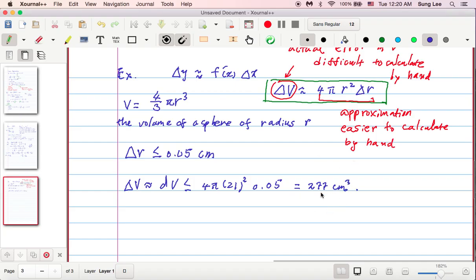So that's the maximum possible error in the measurement of the volume. Not the measurement, but the maximum error that can be computed is approximately 277 cubic centimeters. So that's not bad, right?